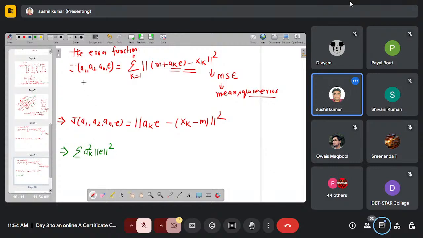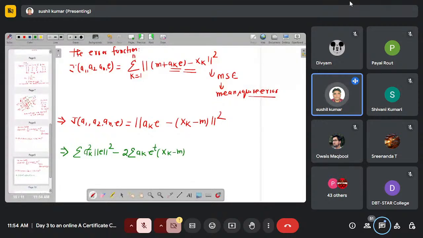So minus 2, summation I am taking because I have k number of variables, e transpose x of k minus m.